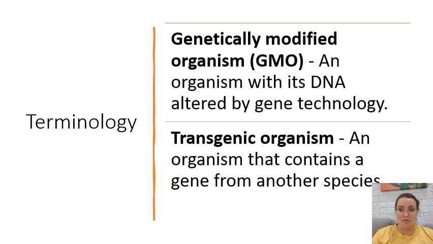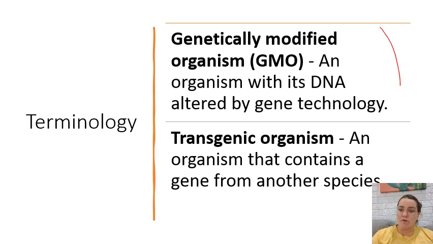So a genetically modified organism is an organism that has its DNA altered in some way. A transgenic organism is an organism that contains a gene from other species.